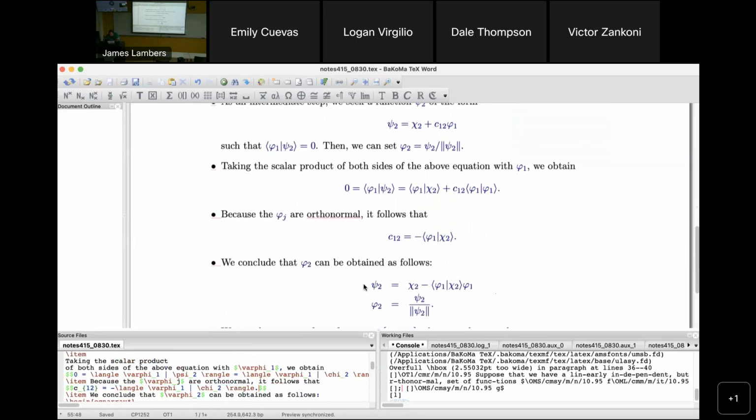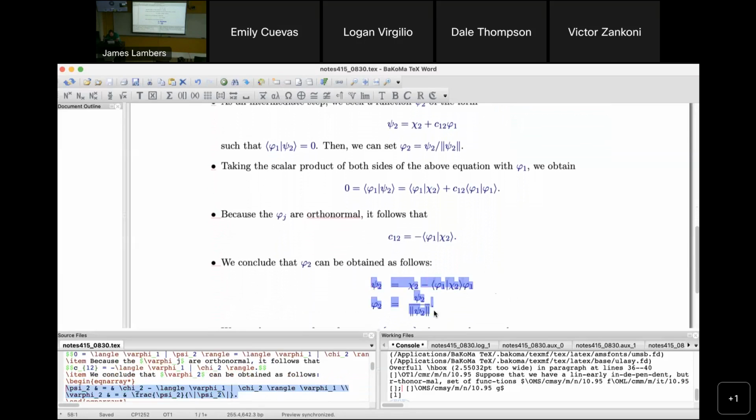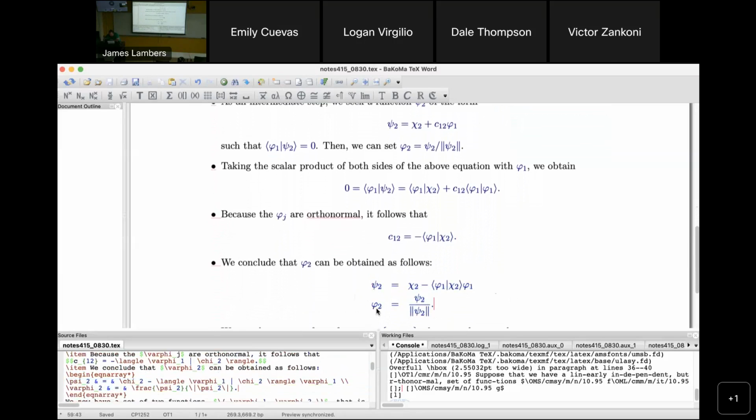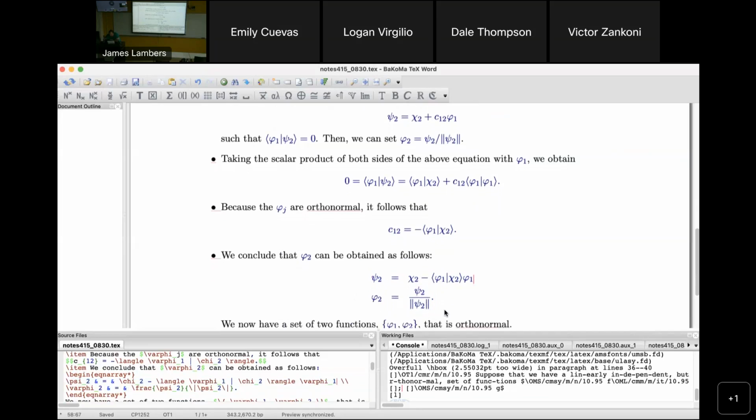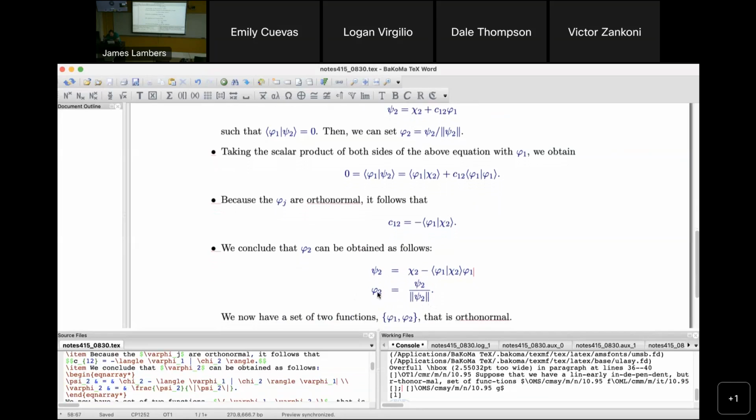So here I summarize the process I've just described. How do I get phi2? I use psi2 first by subtracting off the proper multiple of phi1 from chi2, and then I normalize the result. So now phi2 is orthogonal to phi1.